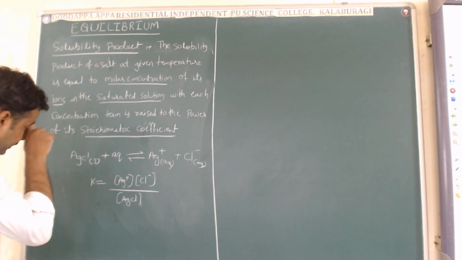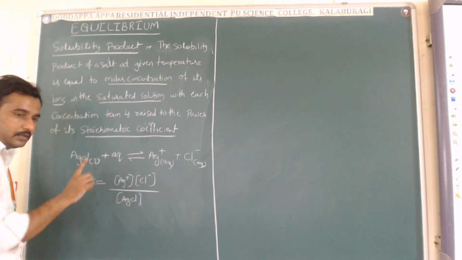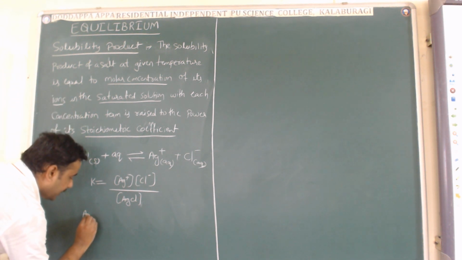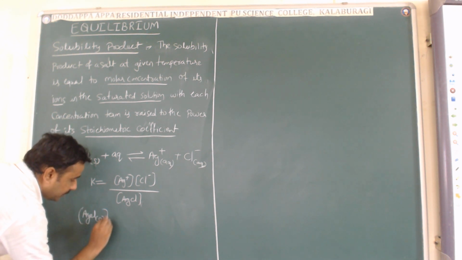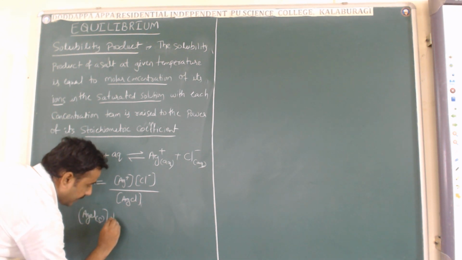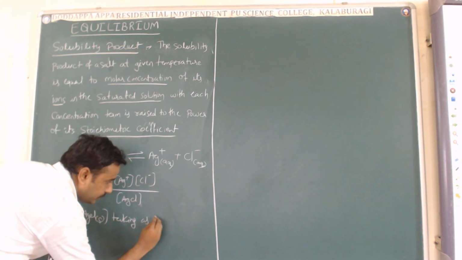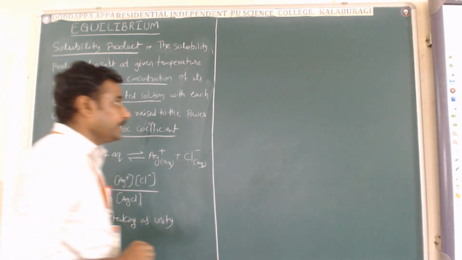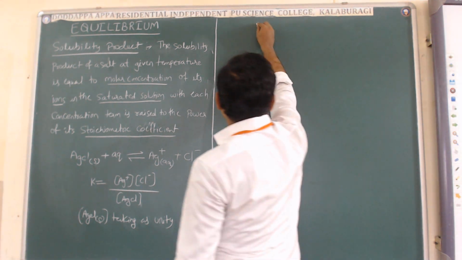When a substance is present as a pure solid or pure liquid, you take it as unity, that is one. So AgCl as a solid is taken as unity. Then what is the value we get?